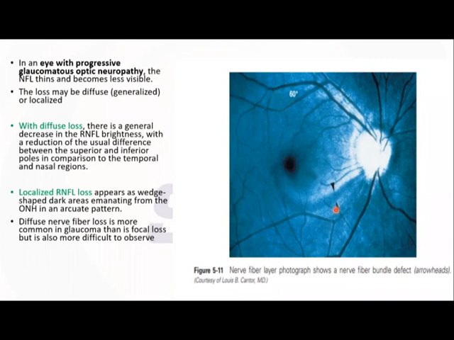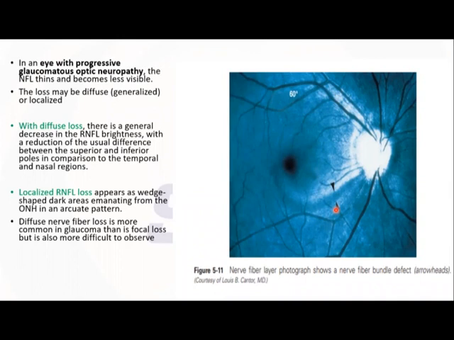But to see the RNFL defect, it should be relative to the normal retina. So we have to see the normal retina properly in a dilated fundus, so that you will appreciate the retinal nerve fiber defect, which is dark gray. Sometimes a light gray defect we can miss in the undilated fundus.